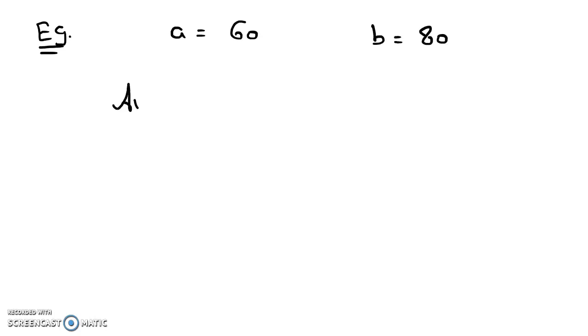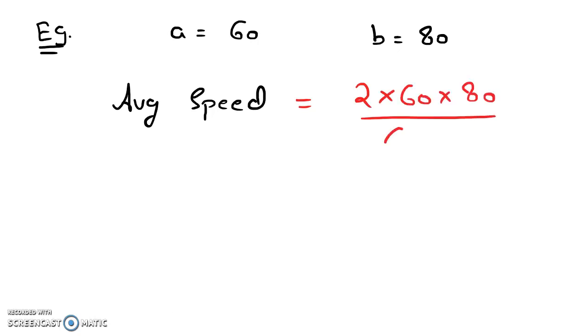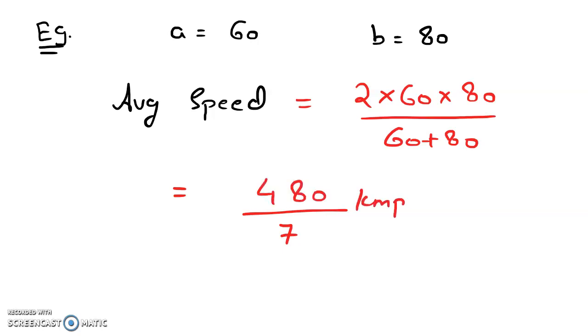So average speed would be twice of 60 into 80 divided by 60 plus 80. Solve it, and the answer is about 68.57 kmph.